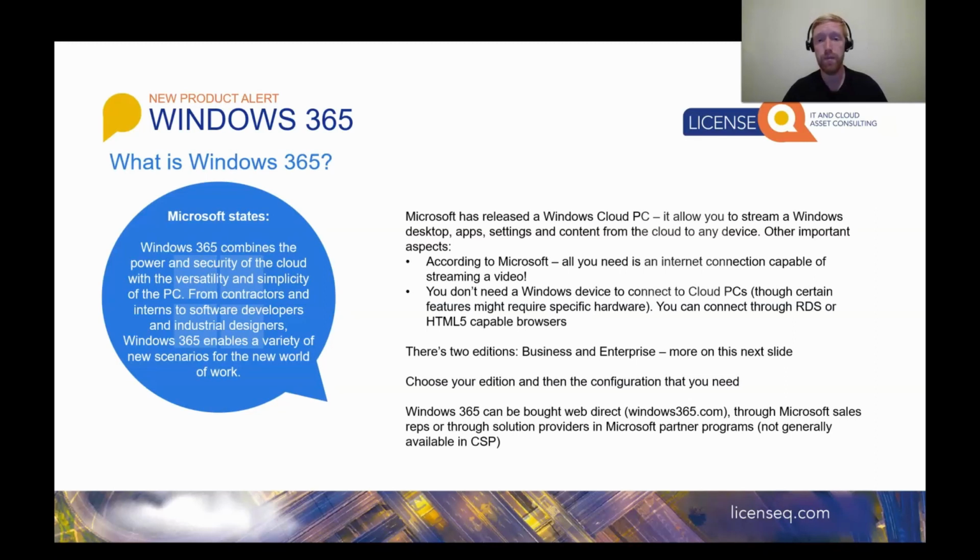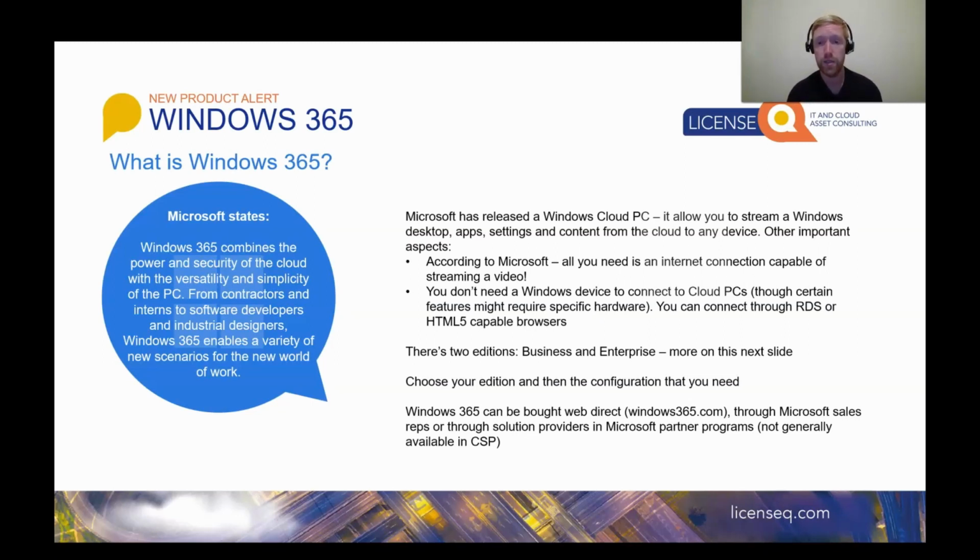You also don't need a Windows device to connect to cloud PCs, so you can set this up and then connect to it with RDS or HTML5 capable browsers, so you can use thin clients or even Mac OS or whatever you're using.